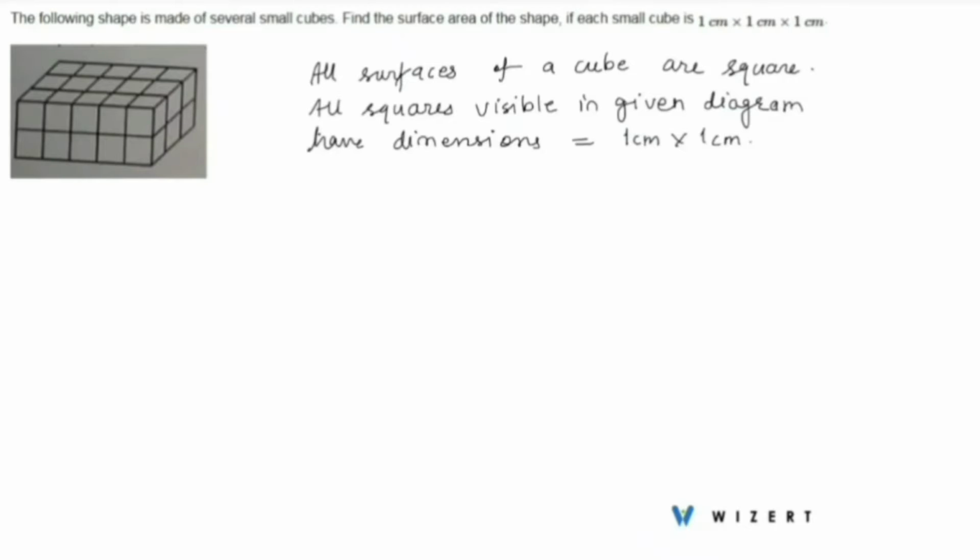Now this being said, this given shape has front face and back face over here, and both front and back faces have 1 2 3 4 5 6 7 8 9 10 faces.